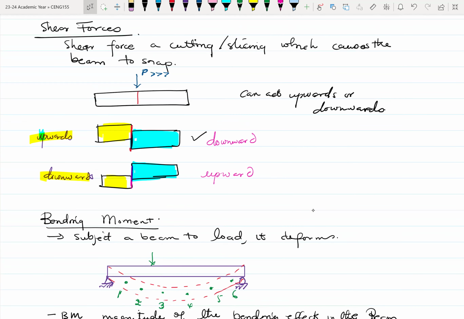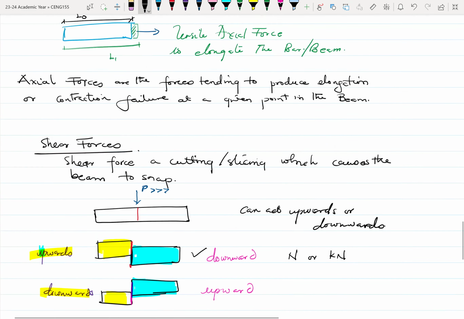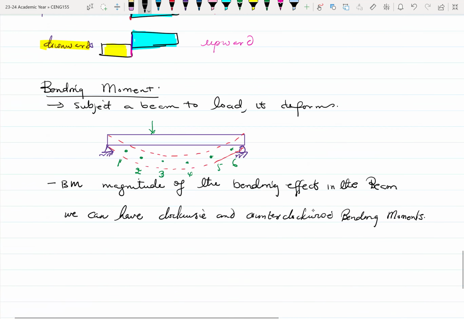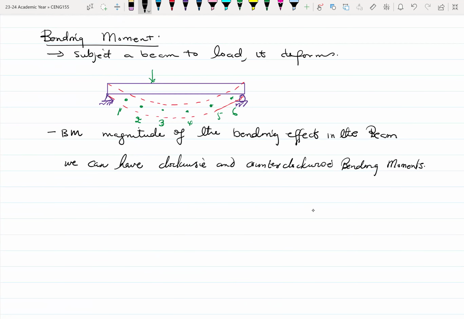The units for shear force are either newtons or kilonewtons. The same for axial force, newtons or kilonewtons. For bending moment, the units are Newton millimeter or kilonewton meter. Mostly you find us using the kilonewton meter a lot.